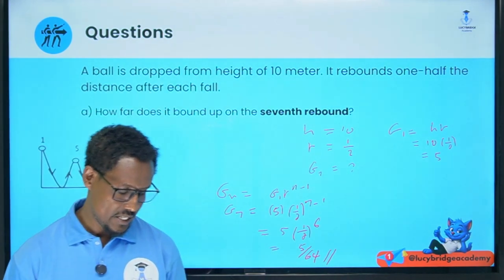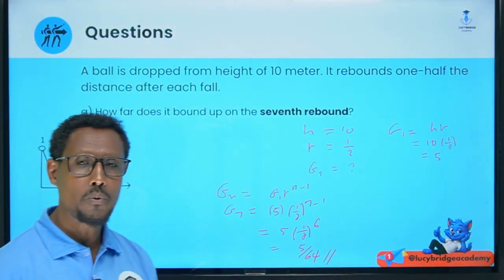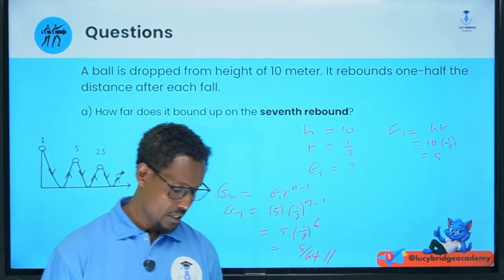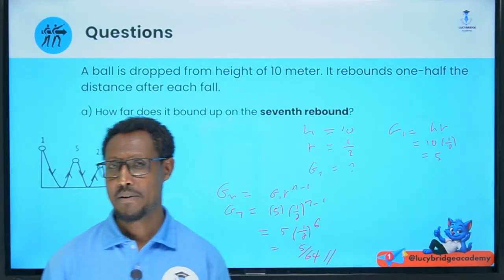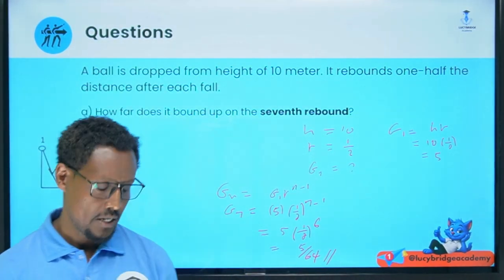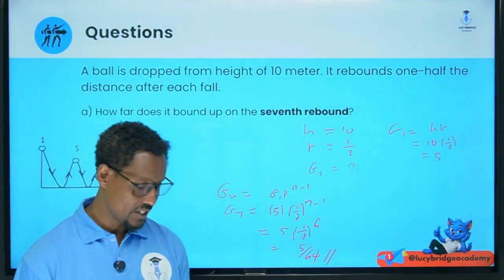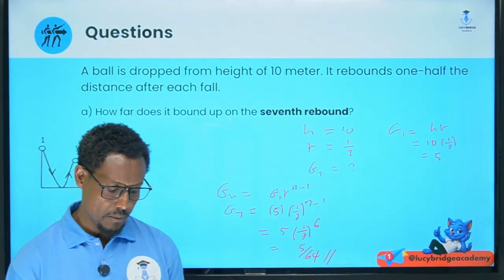This is the height the ball bounces up when it strikes the seventh time, on the seventh rebound, okay?